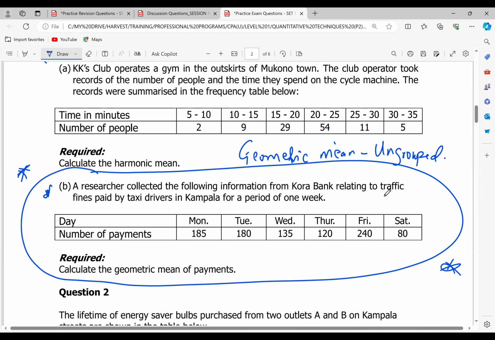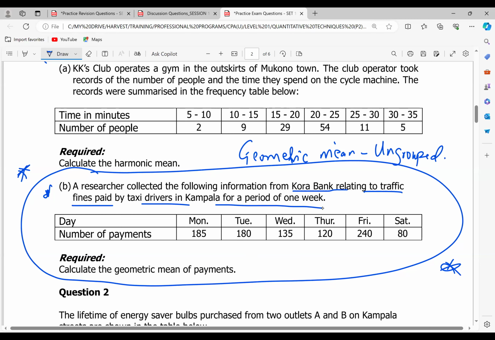In the question, we are told that a researcher collected the following information from Cora Bank relating to traffic fines paid by taxi drivers in Kampala for a period of 1 week.